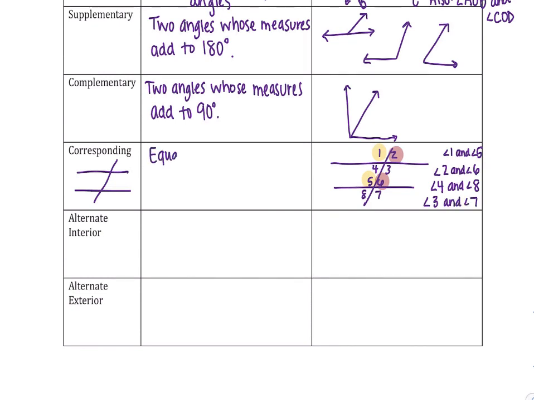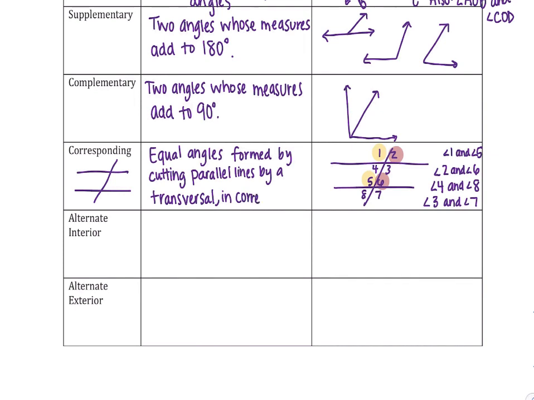So these are equal angles formed by cutting parallel lines by a transversal, and they're in corresponding locations.